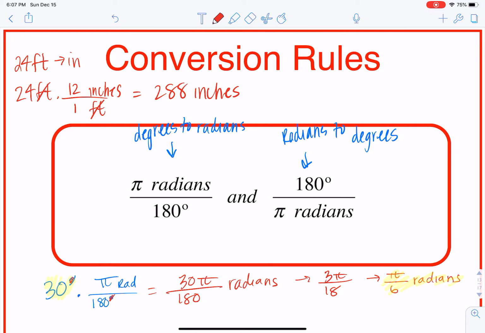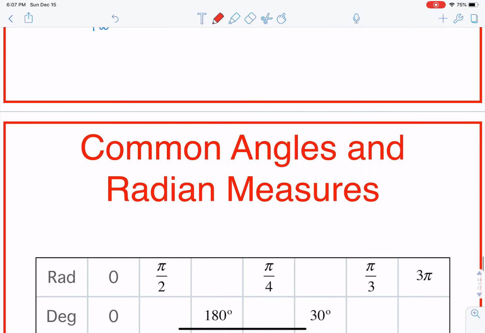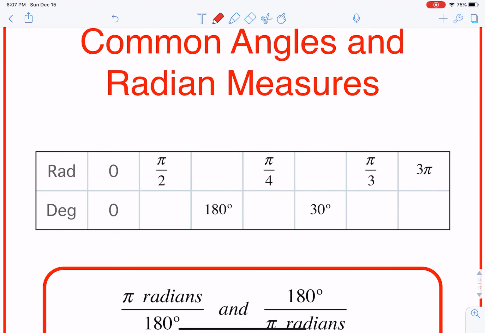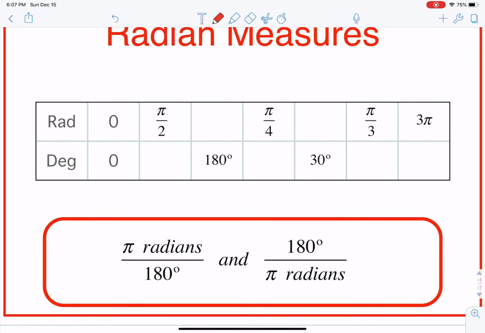Or it's just a very straightforward conversion rule. So as we move forward with our unit circle, these are some very common angles and radian measures. So 0 radians and 0 degrees, pi over 2. I'm starting with radians, so I can say that pi over 2 radians times 180 over pi radians.